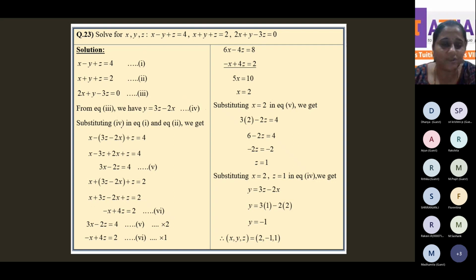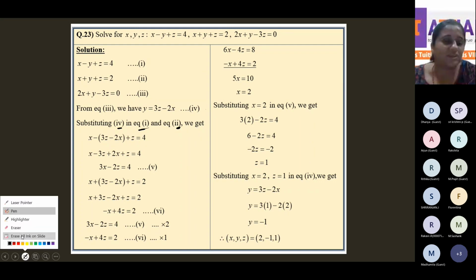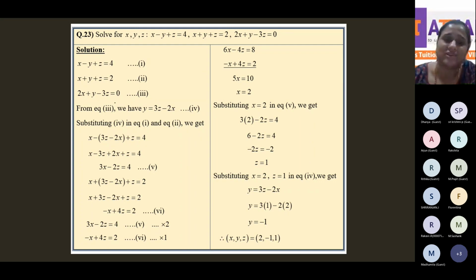Now I'm substituting this 4 in 1 and 2. You can do it in different ways. This is the idea I've used here. I've taken one of the three equations. All three equations have x, y, and z.